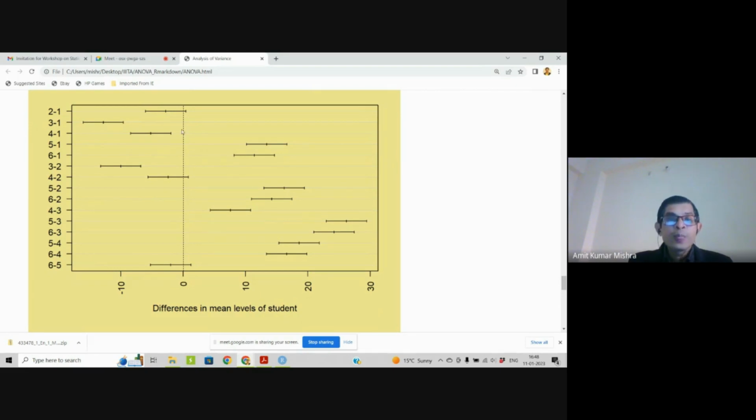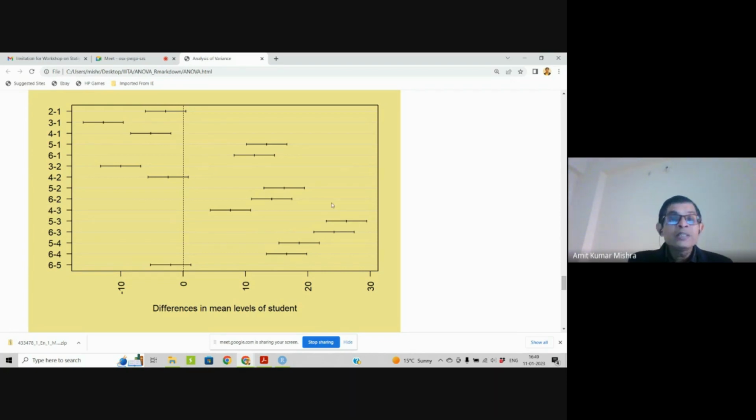You can see this vertical dotted line represents 0. So if your confidence interval is passing this vertical line, those are not significant. Others are significant, because all the confidence intervals on the right hand side indicate significant positive differences, and all on the left hand side indicate significant negative differences.